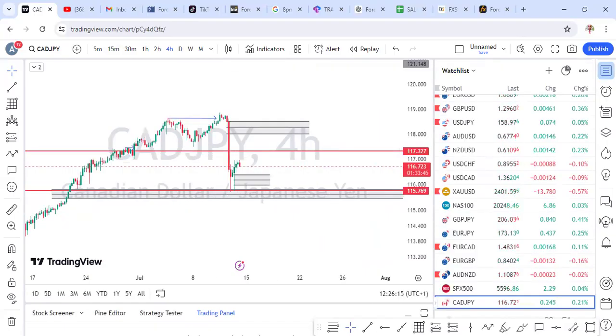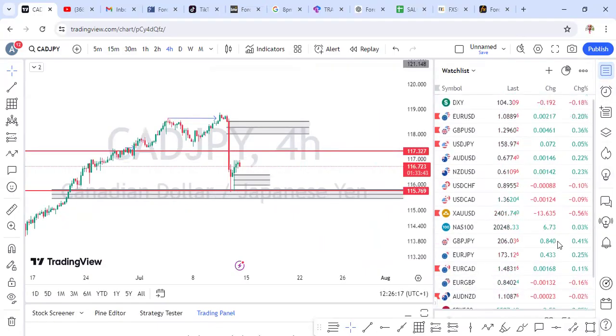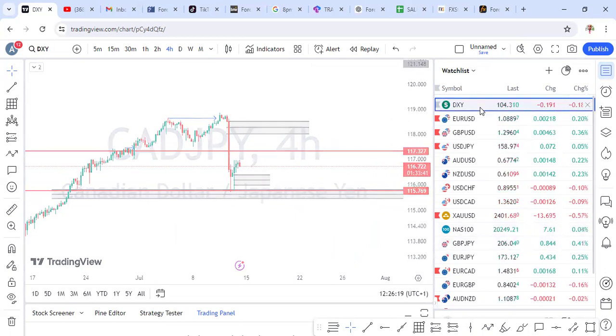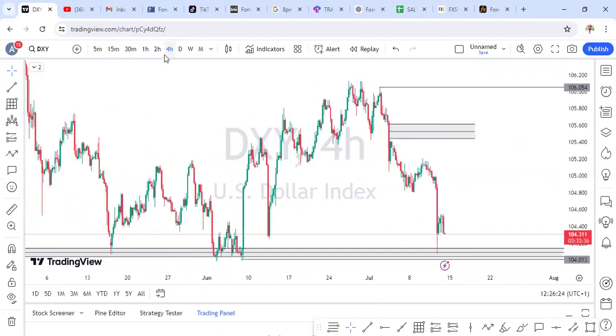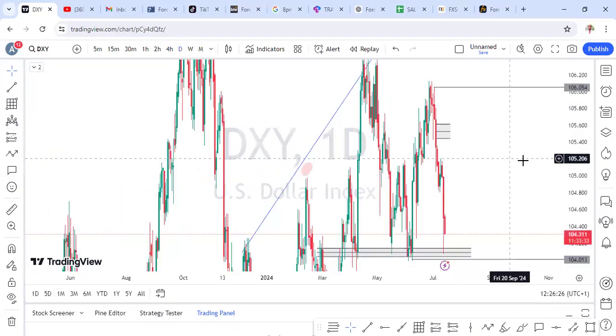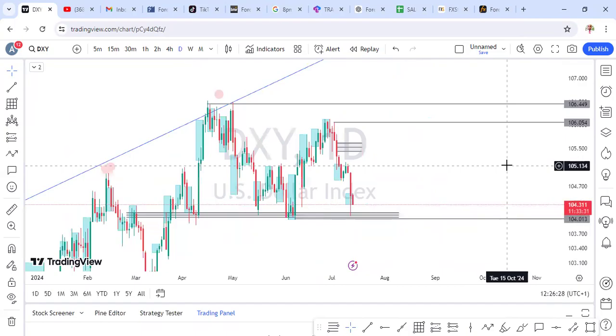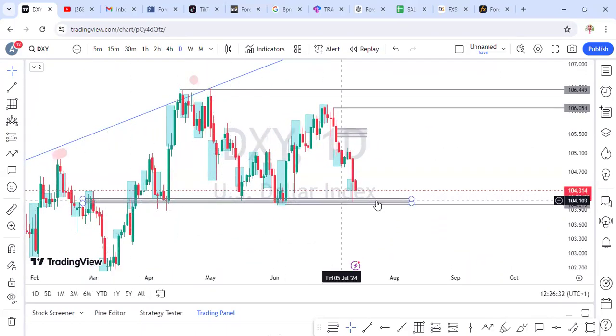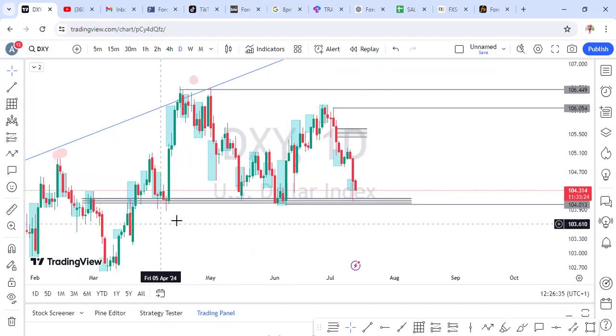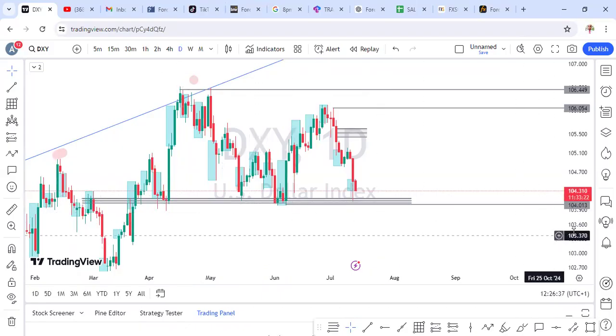Okay, now let's go back to DXY. We can see even yesterday, price failed to close below 104.